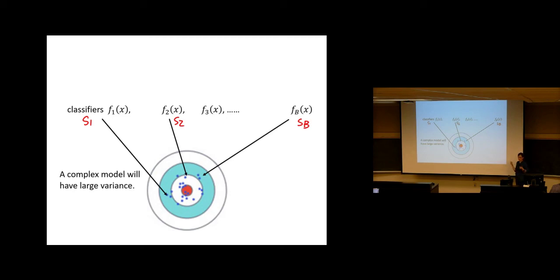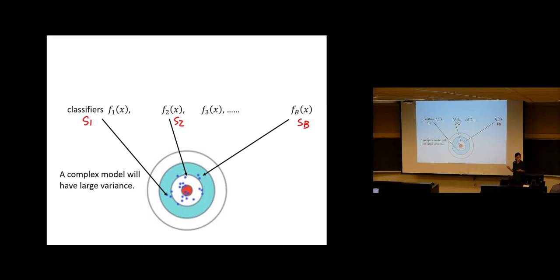And that creates a lot of variation in the estimates of the different estimators. Because this is a high variance model, it's very flexible, right? And then its mean is supposed to be closer to the truth.